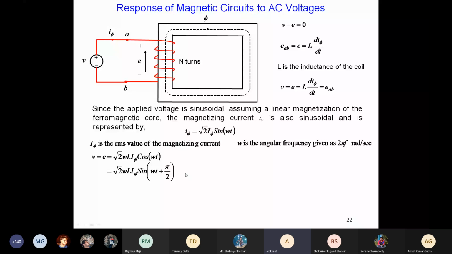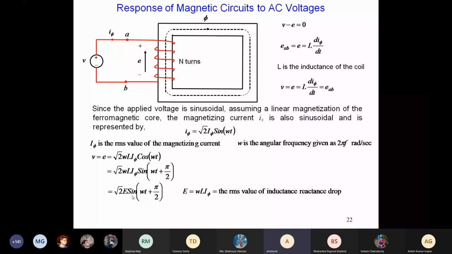Just some manipulation: we substitute omega L I phi as capital E. This becomes root 2 E sine omega t plus pi by 2. So E is equal to omega L I phi, the RMS value of the inductive reactance drop.